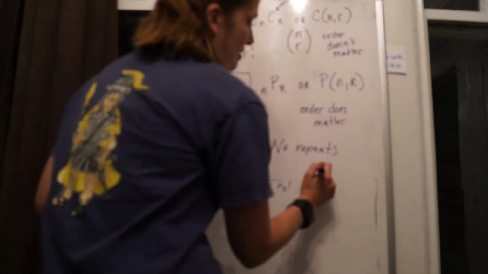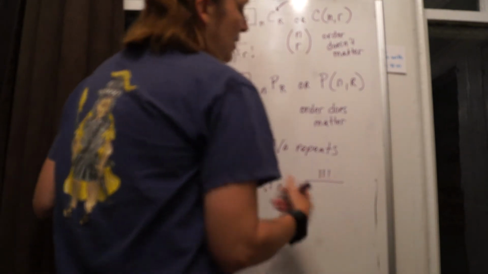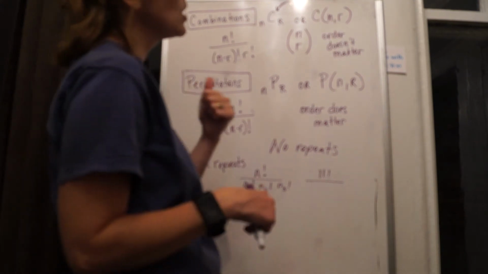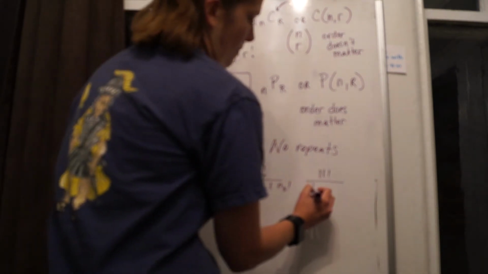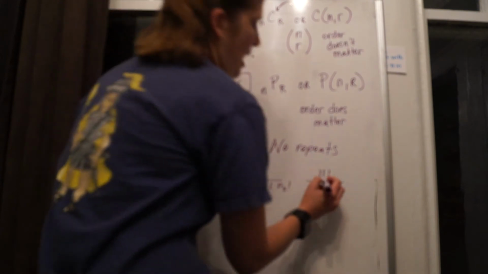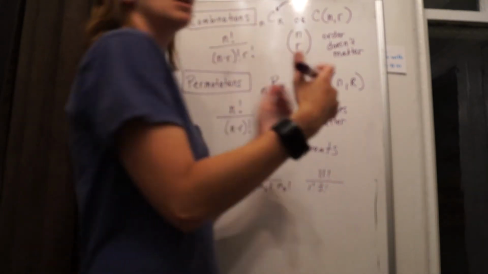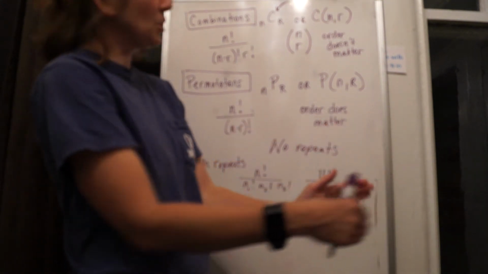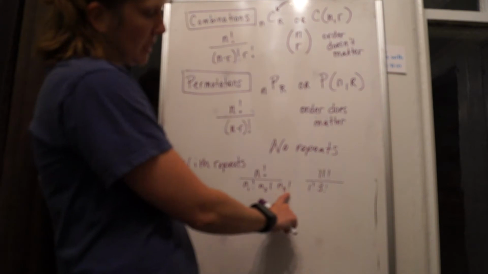M-I-S-S-I-S-S-I-P-P-I, 11. And how many different categories do we have? These numbers down here are going to be, well, there's one M. There's going to be 4 I's, 4 S's, 2 P's, and so on. So that's when we have little groups that we're allowed to repeat. Those are the numbers down here.